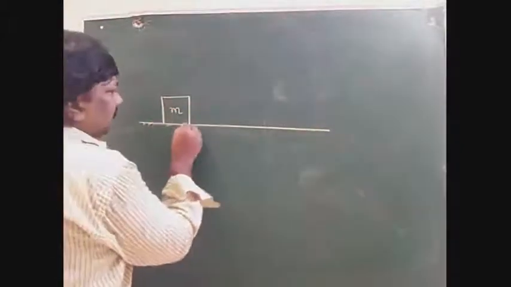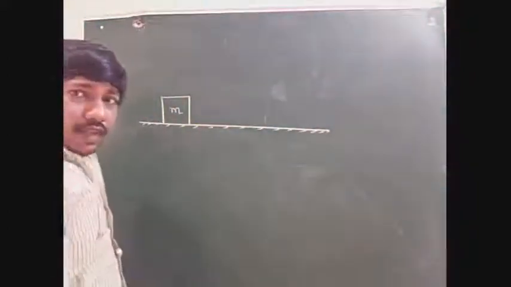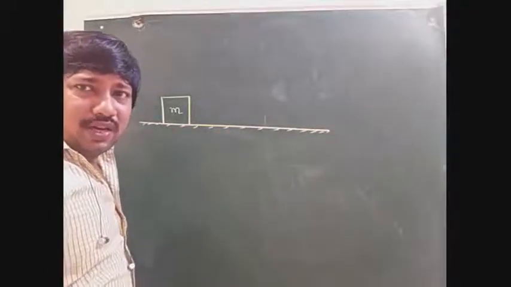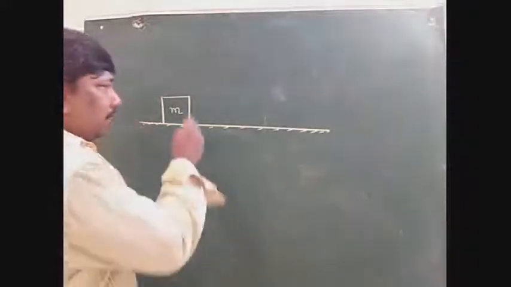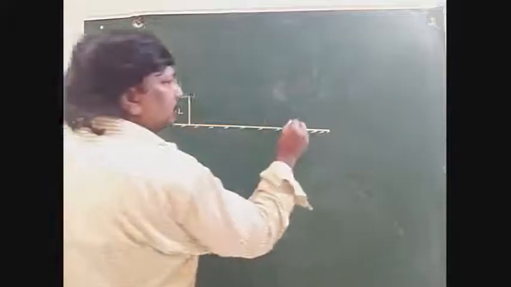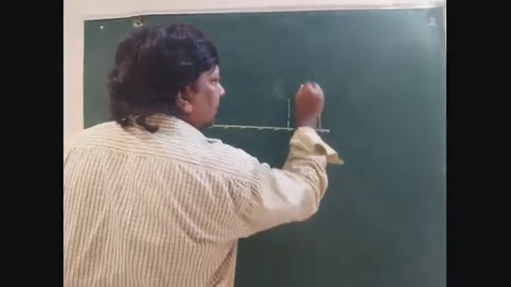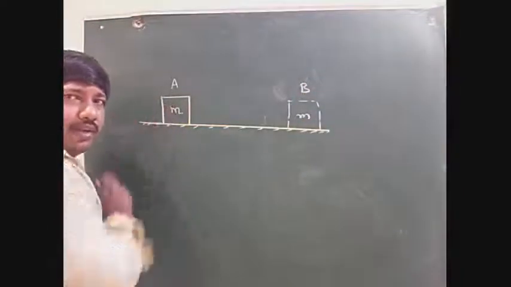So this is the rough horizontal surface. Now, the body is dragged along the rough horizontal surface from point A to point B, and then it goes back to point A.